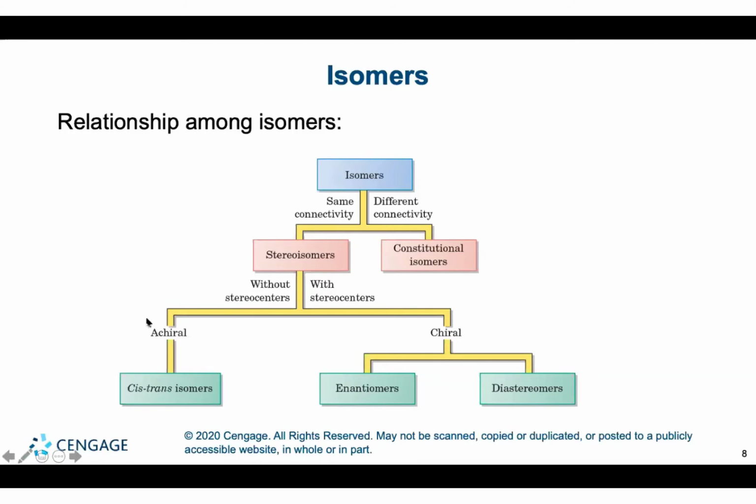When A comes in front of it, it becomes achiral, it makes it negative. So achiral means not a chiral carbon. So the carbon that does not have different groups around it. So the example would be cis-trans isomers, or the carbons that do not have different groups around them.